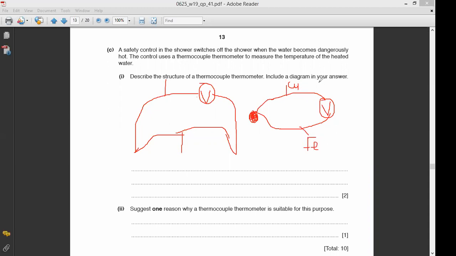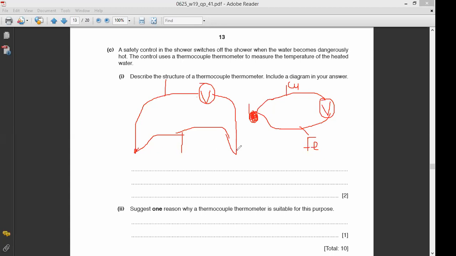That's iron rod, copper rod, iron rod, voltmeter, and this is the hot plate, the hot junction, or the junction, hot or cold junction. So this is it. Now, some use this diagram, some use this diagram. I think I prefer the second one because it's quite easy to understand.